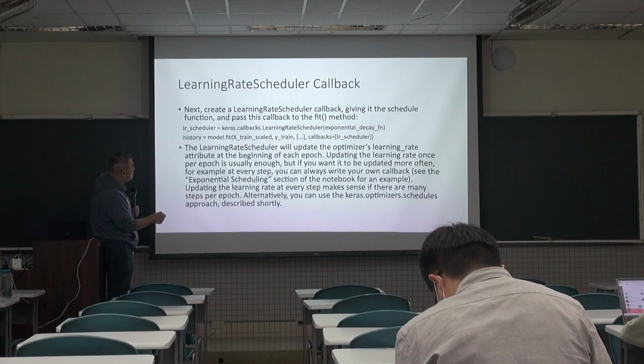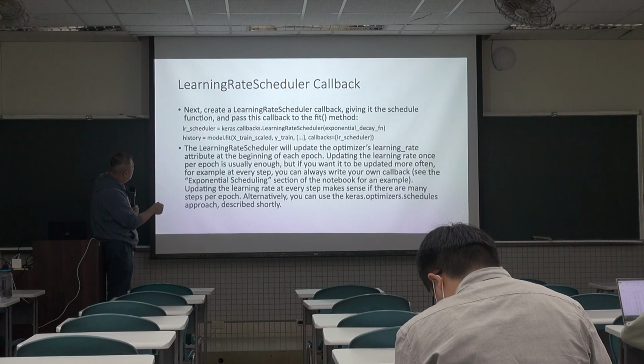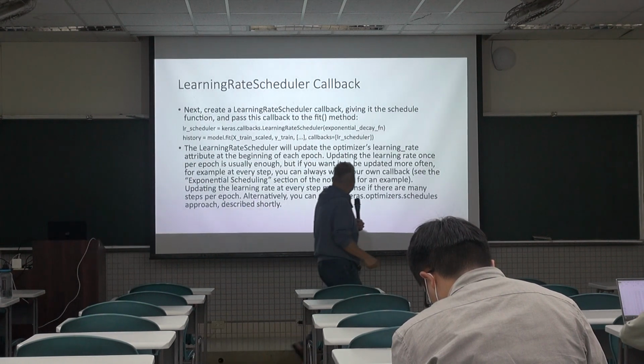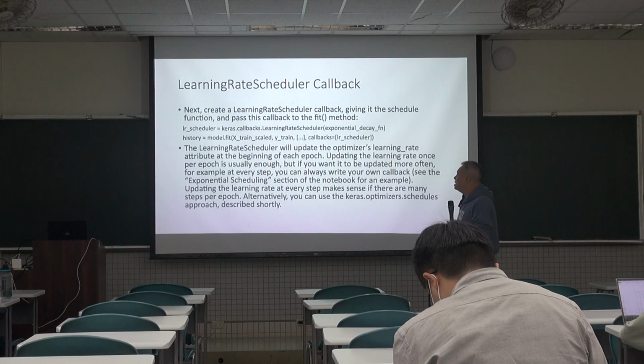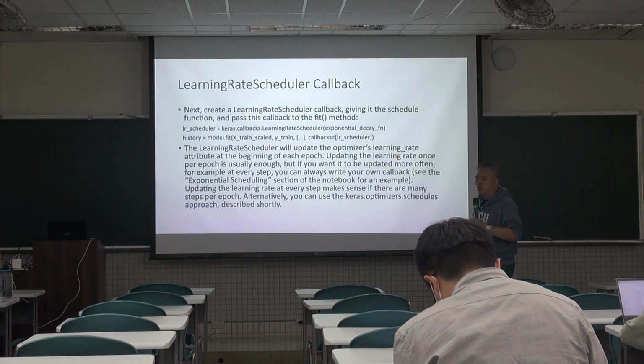Then when we call fit to train the model, we pass this LR scheduler as one of the callbacks. And that's it. The learning rate scheduler will adjust the learning rate at the beginning of each epoch automatically.